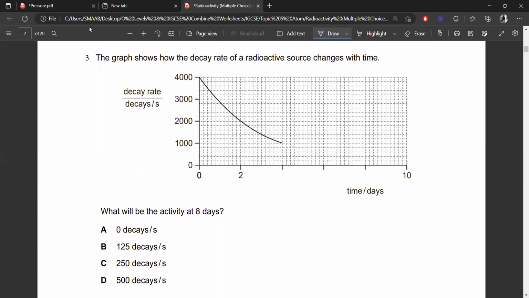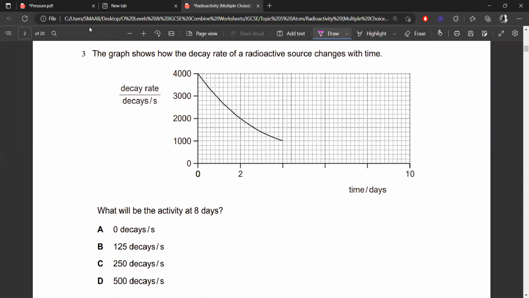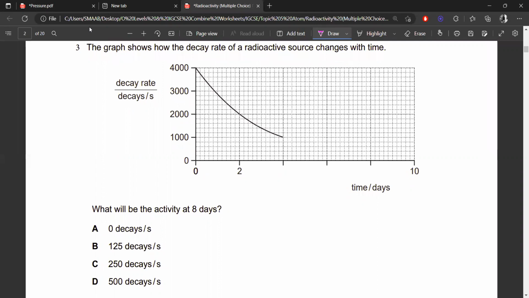You may take the reference from the graph that after 2 days, we are getting half the value, that is 2000. Then after 2 more days, we are again getting half the value, that is 1000, right? Initially, we start from 4000.